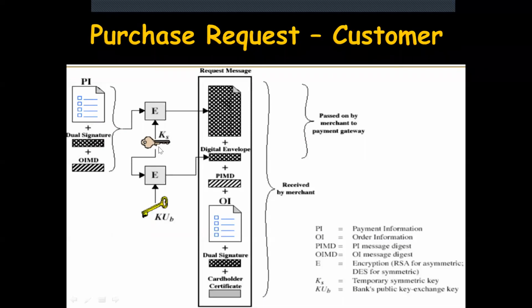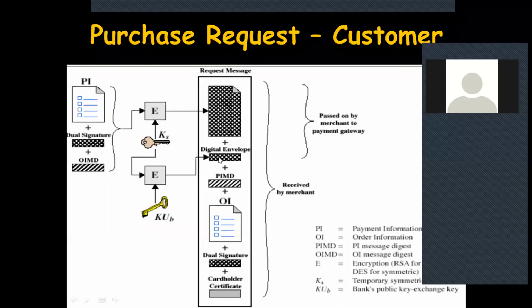Please remember, this private key, which we used for encrypting the payment information, dual signature, and OIMD, we again encrypt with the public key of the bank, and we get this in the digital envelope. So the digital envelope holds the encrypted key.